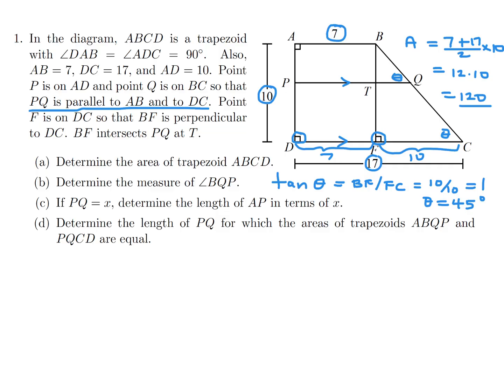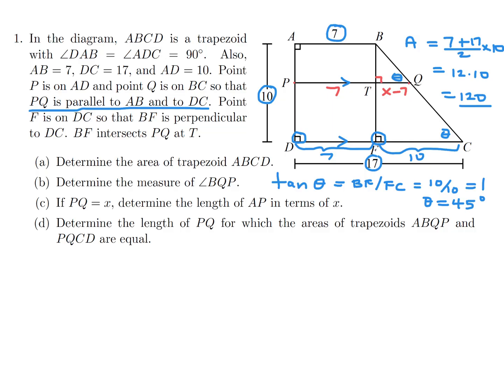If PQ is x, determine the length of AP in terms of x. Okay, so PQ, this whole thing. Since this is 7 and P to Q is x, that means T to Q would be x minus 7, I believe. And then since that's 45 and this is a right angle, because PQ is parallel to DC, so BT would touch that at a right angle, this is theta also.